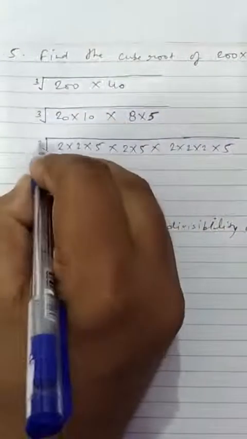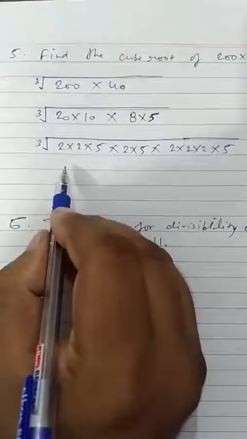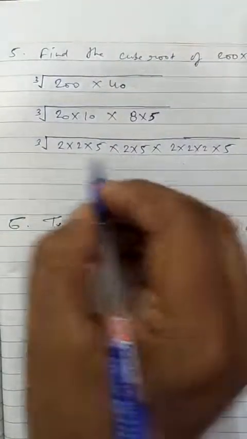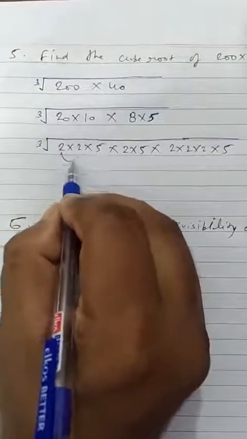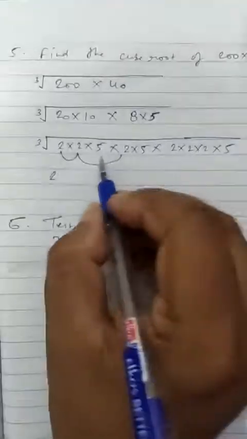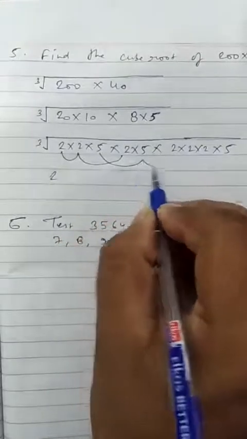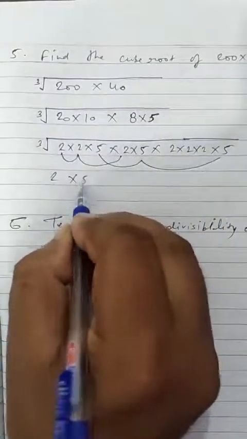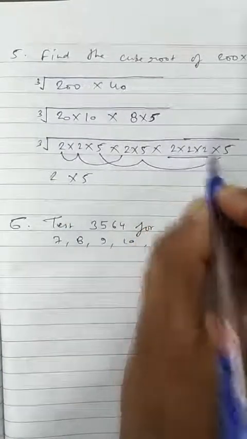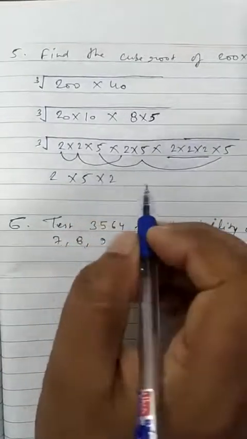Now here we have 3, so we have to make groups of 3 numbers. This 2, 2 and this 2 will be out. This 5 and this 5 will be out, and this group of 3 twos will be out.